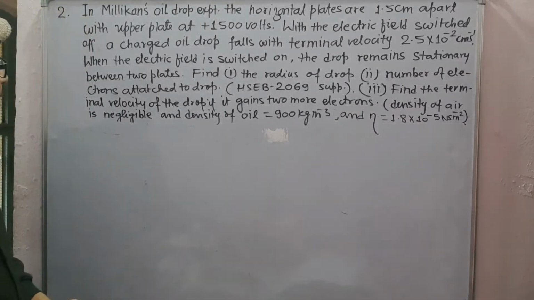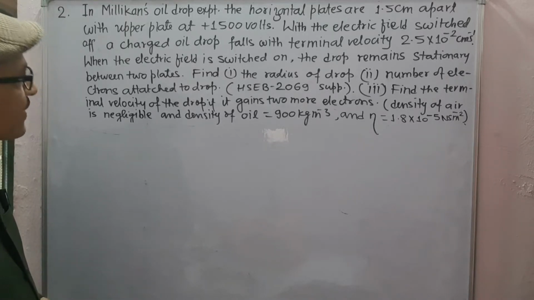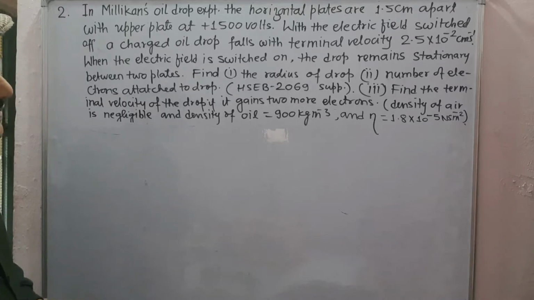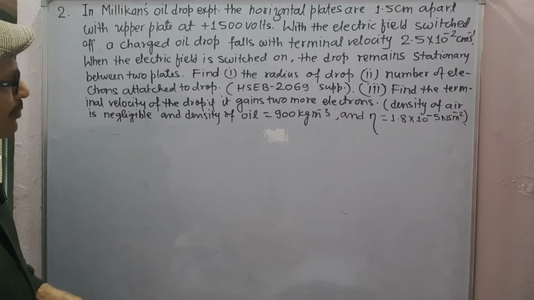Next question: in Millikan's oil drop experiment, the horizontal plates are 1.5 cm apart with the upper plate at plus 1500 volts. With the electric field switched off, a charged oil drop falls with terminal velocity 2.5 x 10^-2 cm per second. When the electric field is switched on, the drop remains stationary between the two plates.